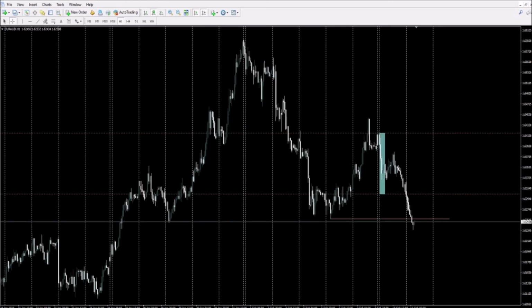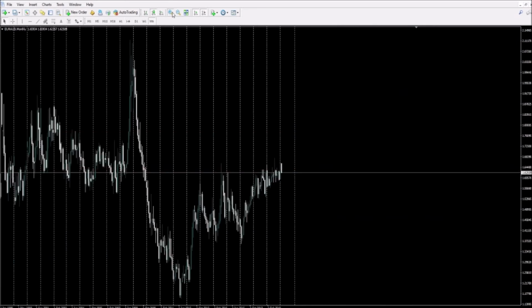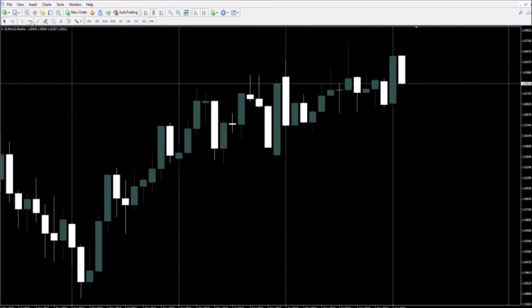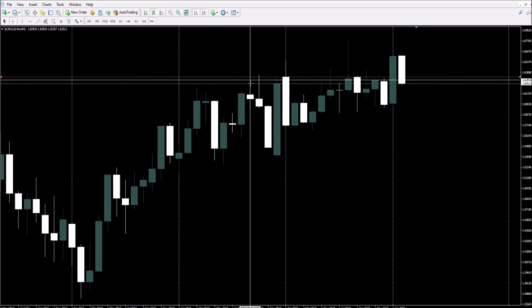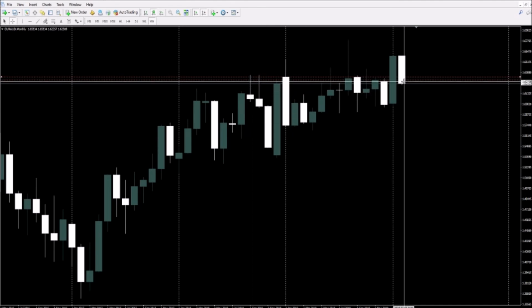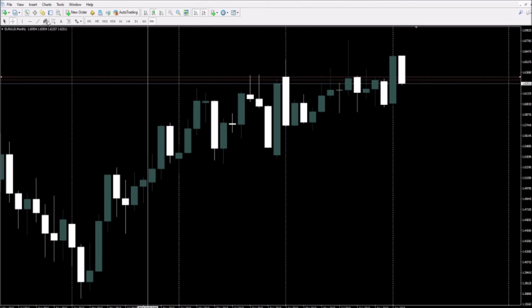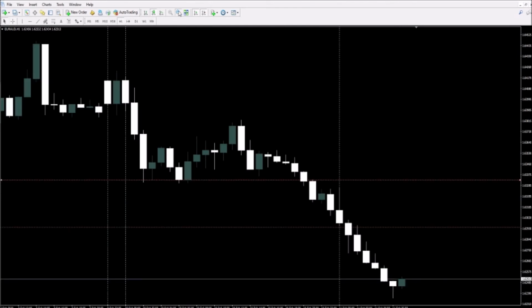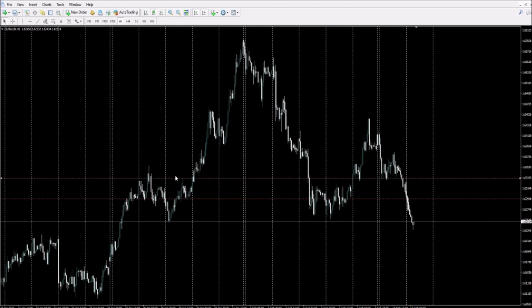Okay, the last thing I'm looking at is Euro Aussie. If I clear this off and go to the monthly, basically looking at this level, resistance should turn to support. So the logical thing for me to do is look for longs. We're just below this level at the moment, but I've got my eye on this level.